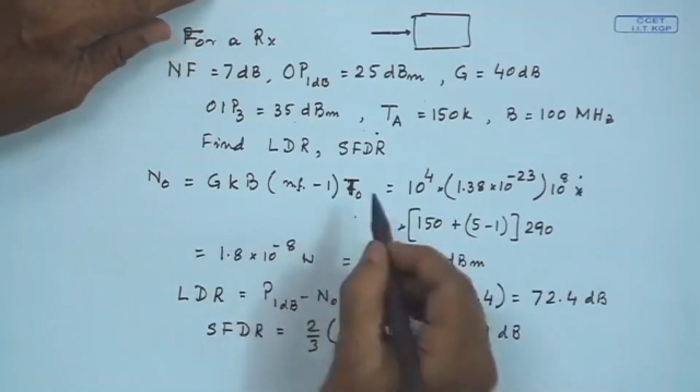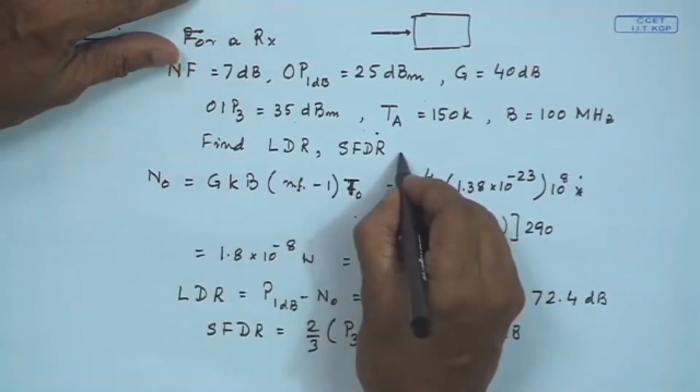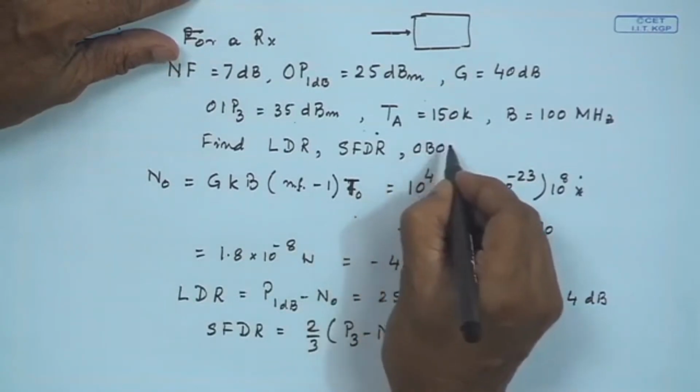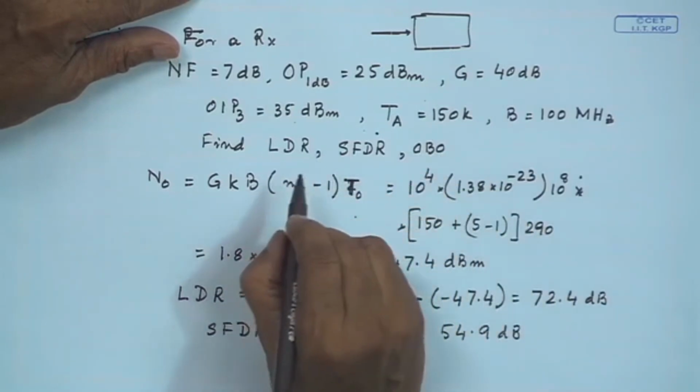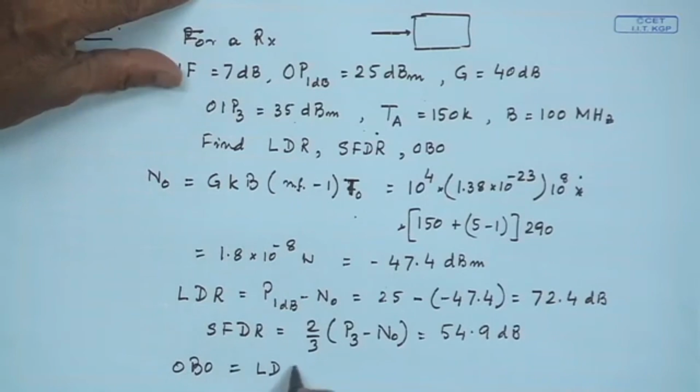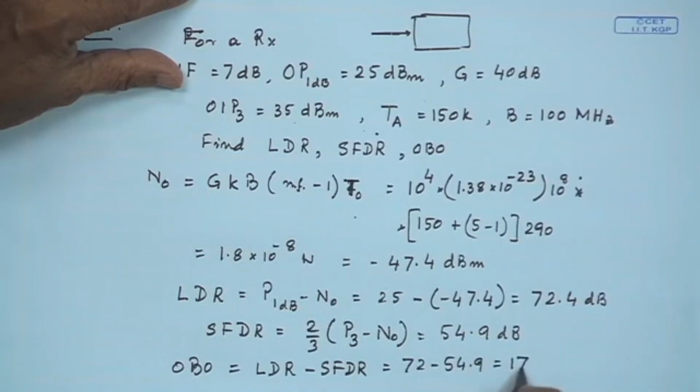Now, if I extend this question and ask you to find the output back-off under spurious free condition, as we have seen, the output back-off is LDR minus SFDR, that is 72 minus 54.9, which is 17.1 dB.